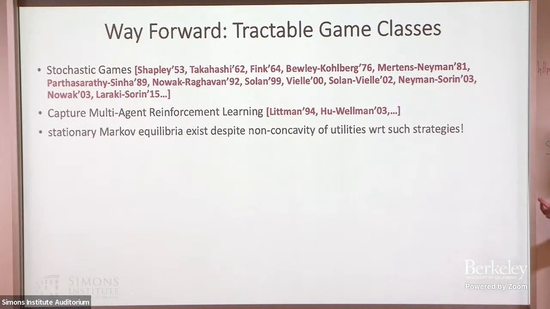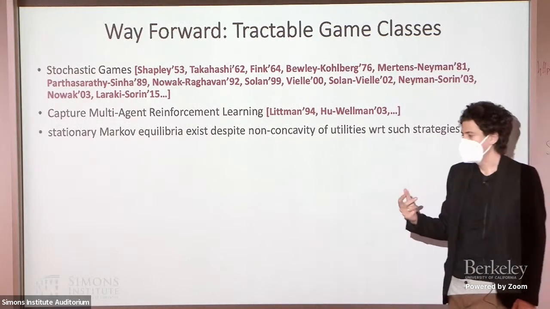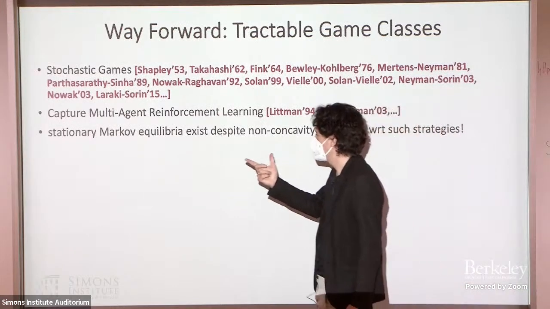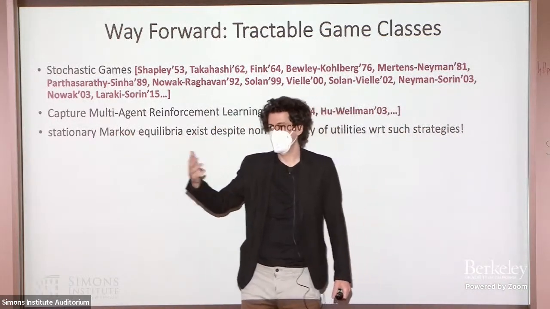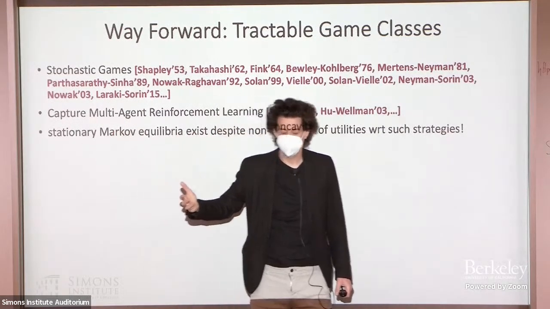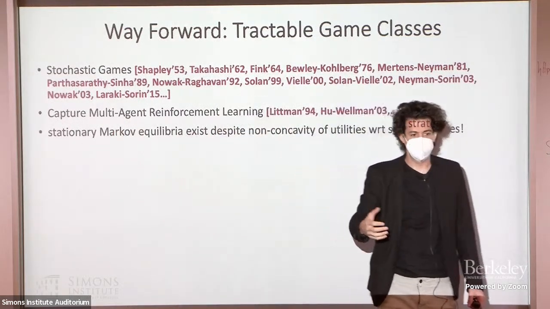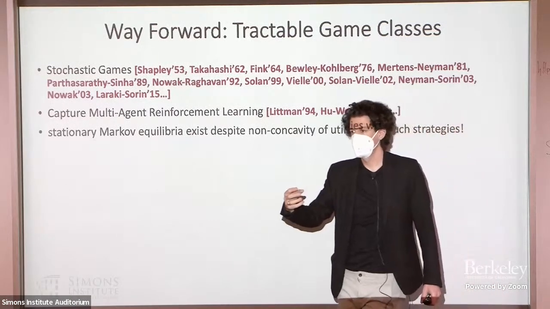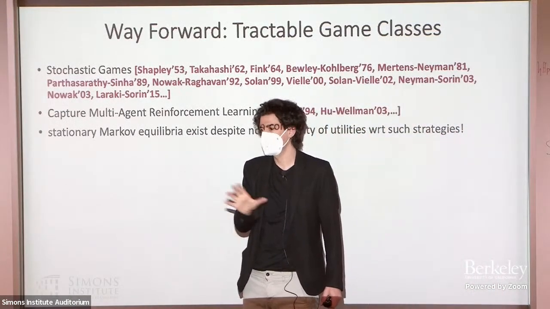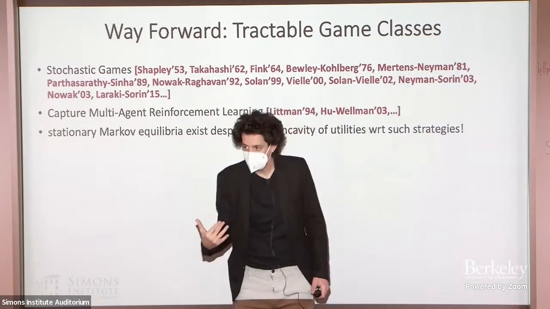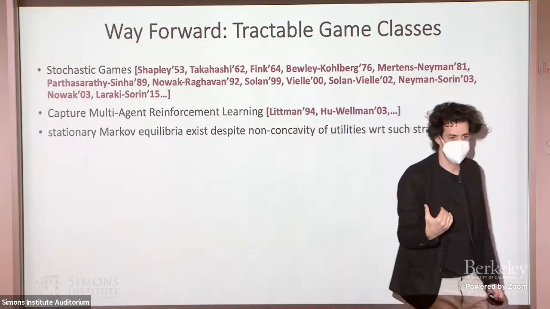So in these games, an important concept that I'm going to discuss is stationary Markov equilibria and stationary Markov strategies. Interestingly, the utilities of agents with respect to these stationary Markov strategies are non-concave. Nevertheless, equilibrium exists, right?